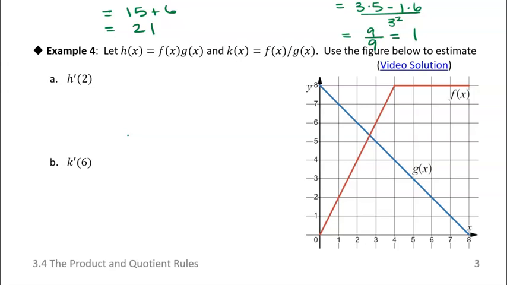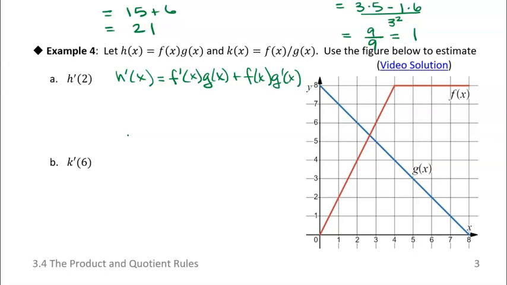So the first thing I'm going to do is find h prime of x using the product rule, because h of x is the product of f of x times g of x. So I'm going to take the derivative of the first times the second plus the first times the derivative of the second, right? And that's it.